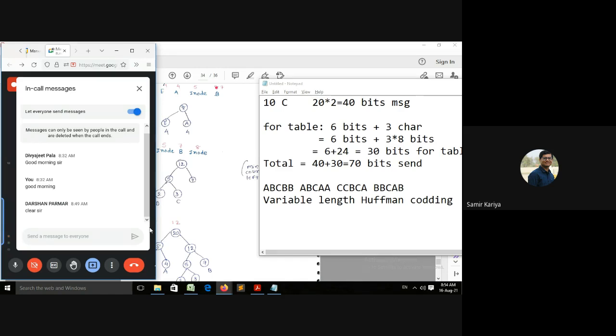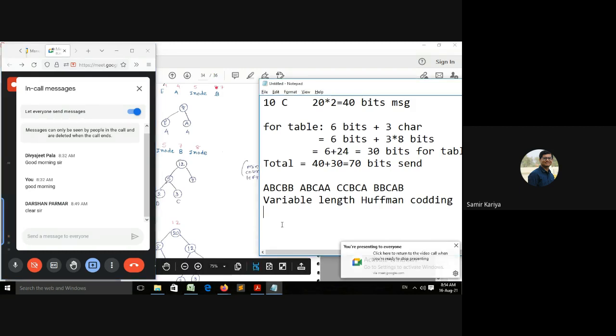So done, the frequency table is very easy, only 3 characters. So how many times here? 1, 2, 3, 4, 5 and 6. So I am writing here character and frequency.